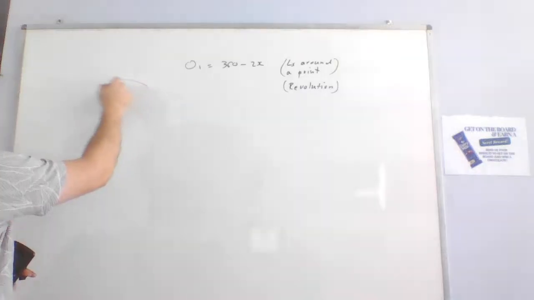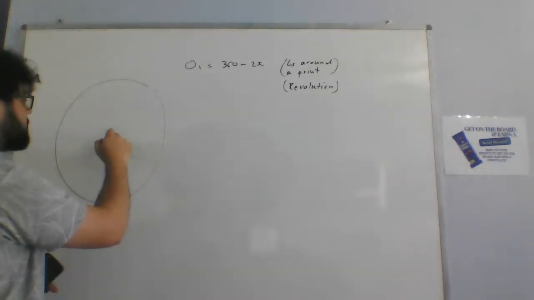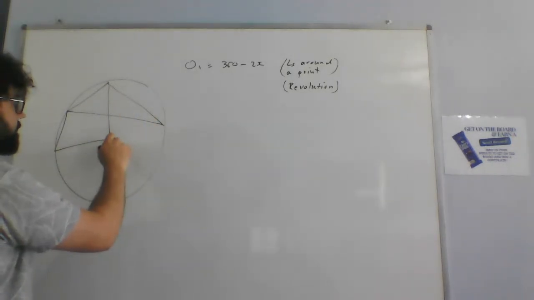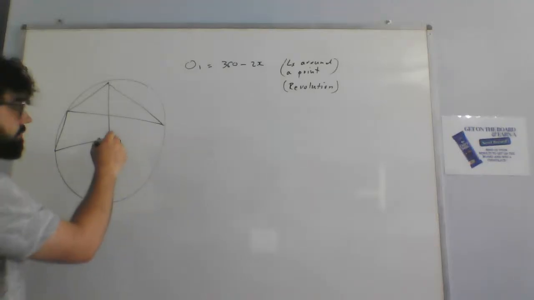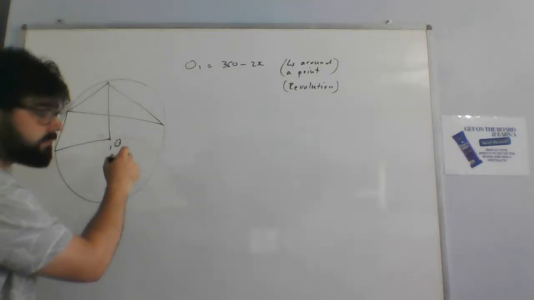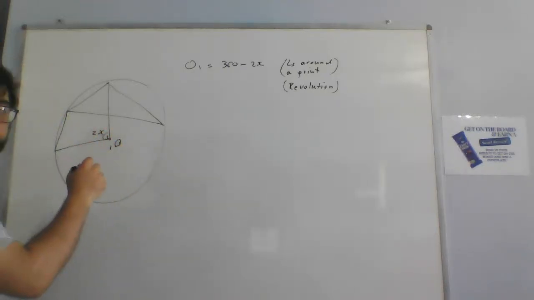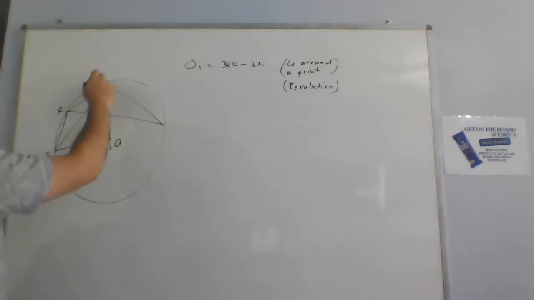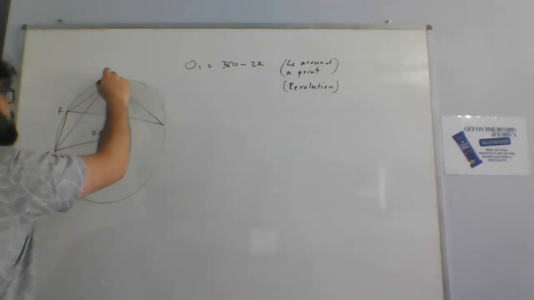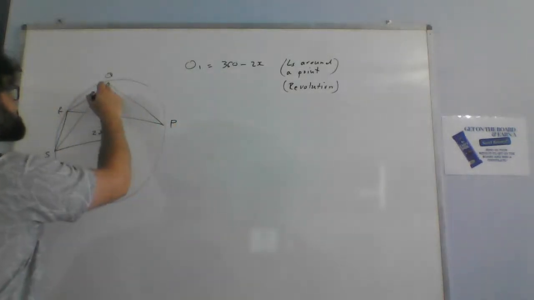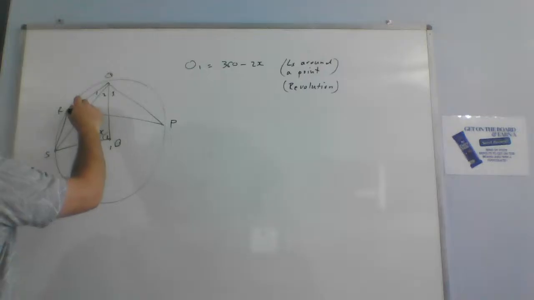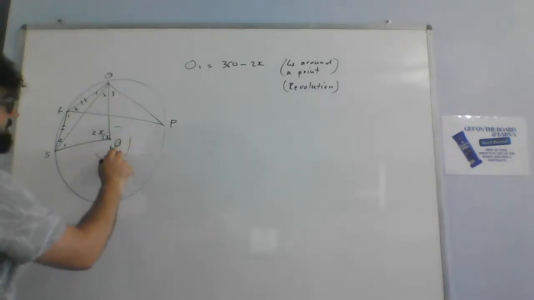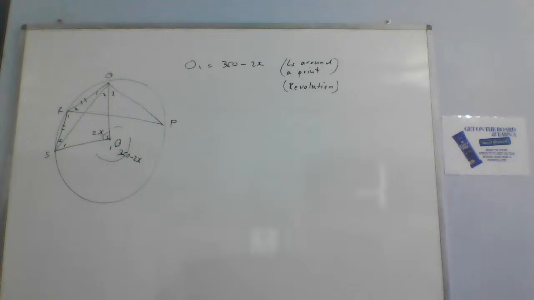And then, okay, let me just draw this diagram very quickly. Okay, so we said that O1 is 360 minus 2x because it's a revolution.